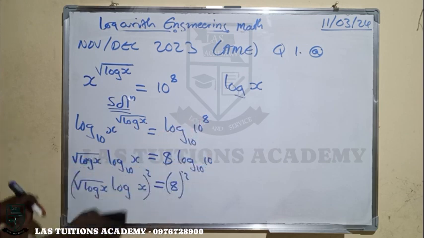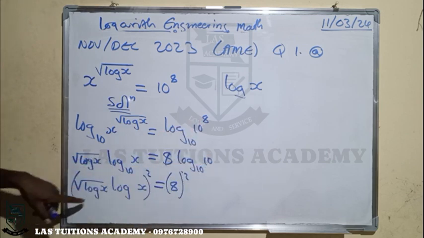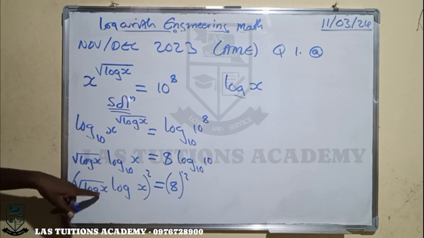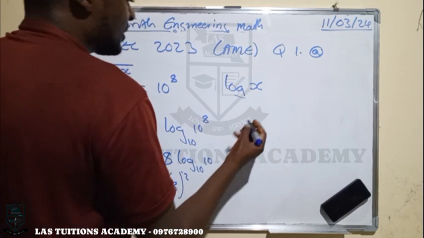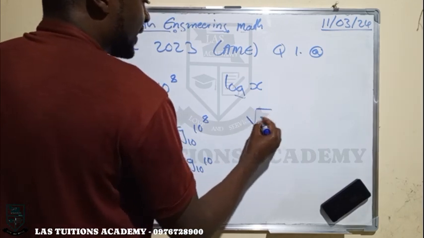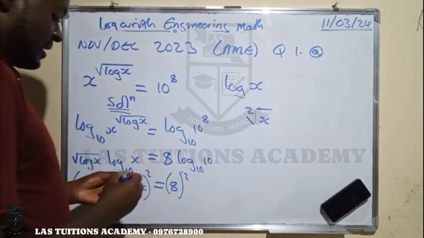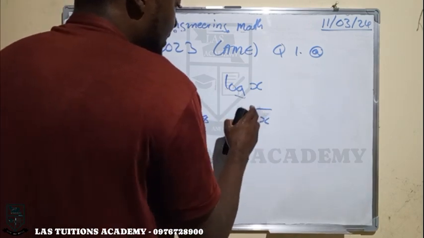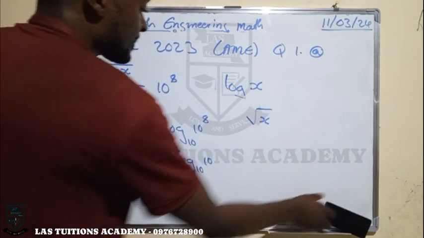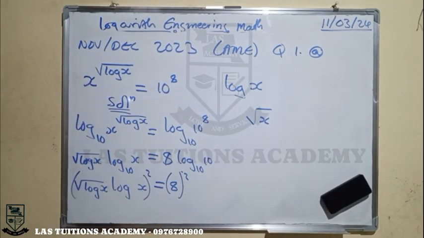Even this one under the root is actually log to base 10. So it's as good as when we say the square root of x. We don't put a 2 there. The moment you see just a square root like that, without any number here, you know you are dealing with the square root, meaning there's a 2 there which is hidden. So that's also with the log. The moment you just see a log, it means it's log base 10.